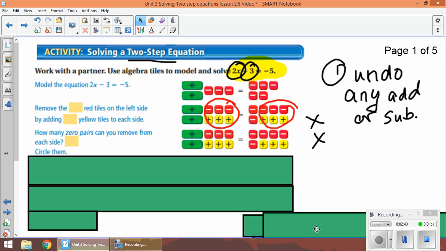All right, now from here, what we're going to do is get rid of this 0 pair here, so goodbye, and we're going to get rid of this 0 pair here, and goodbye to you guys. Okay.